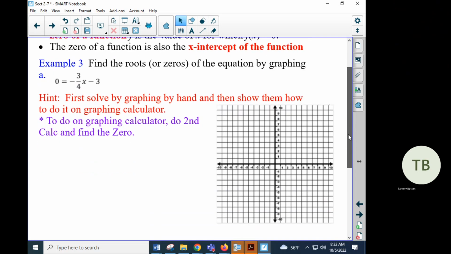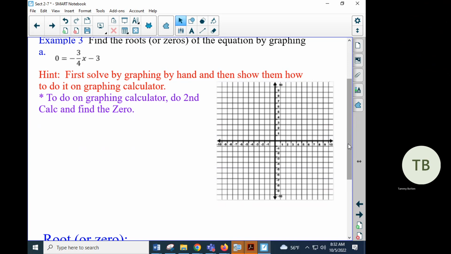So this is saying if they give you a function, and this one is asking you for the roots or zeros. So in math, when you solve an equation, when you're solving for x, you are finding where it crosses the x-axis. That can be called an x-intercept, a root, or a zero. They all mean the same thing, okay?